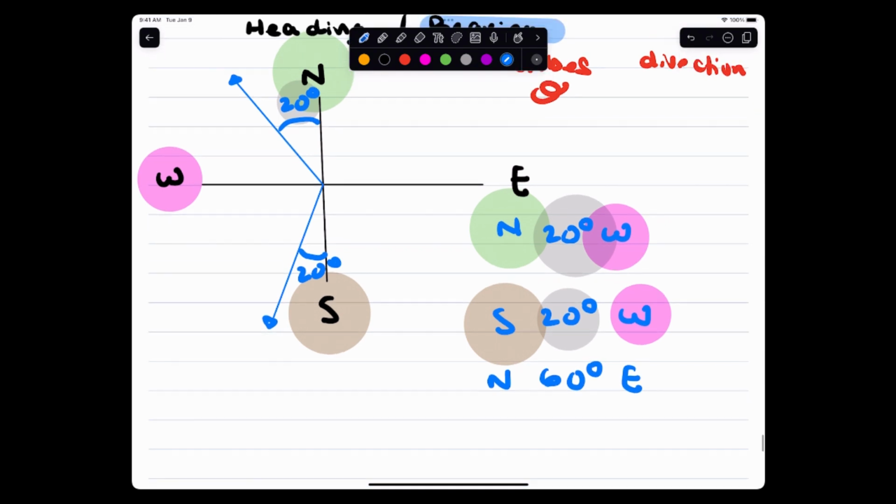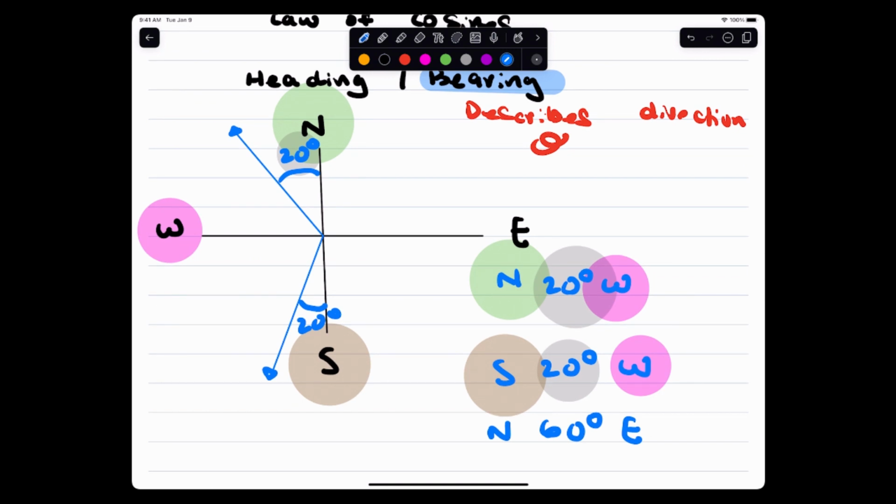North 60 degrees east. So let's see how we do this here. Northeast, how many degrees? 60 degrees. So this is 60 degrees.